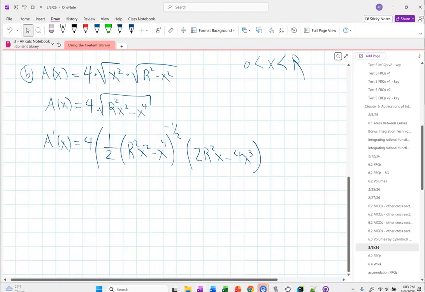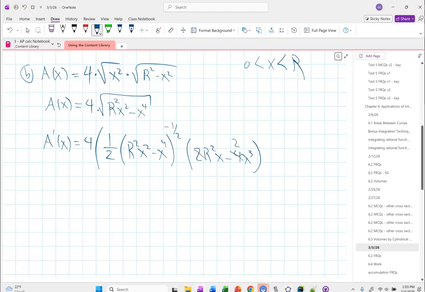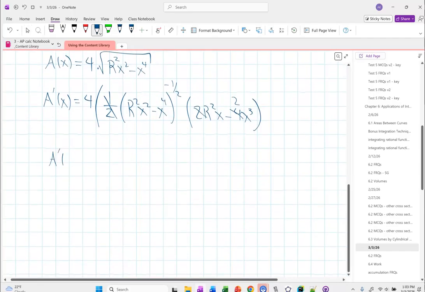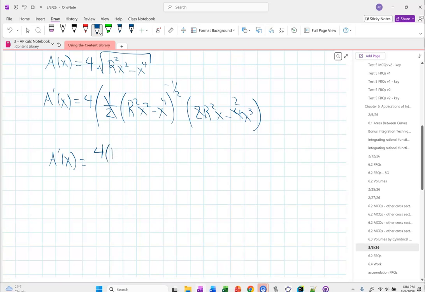I see a factor of 2 in here, right? So I can do that. And if I clean this up, I could write this as 4 times r squared x minus 2x cubed over the square root of r squared x squared minus x to the 4th.